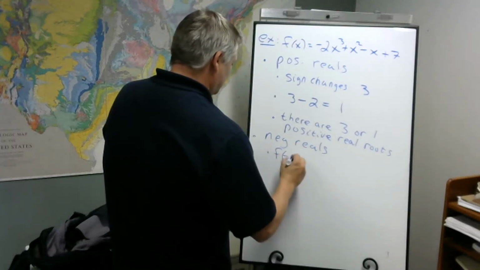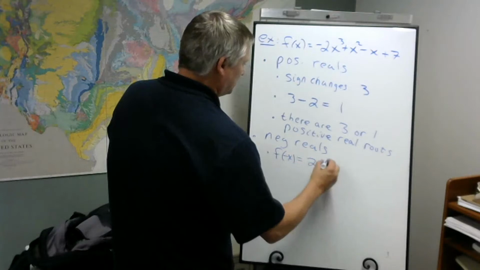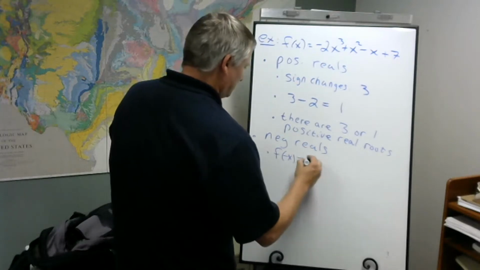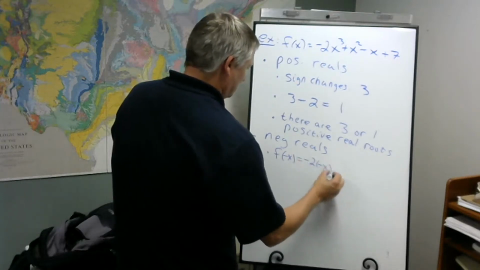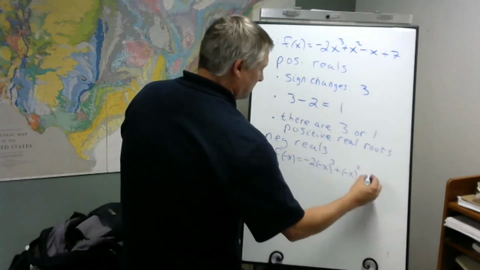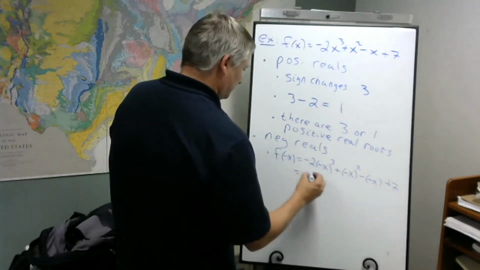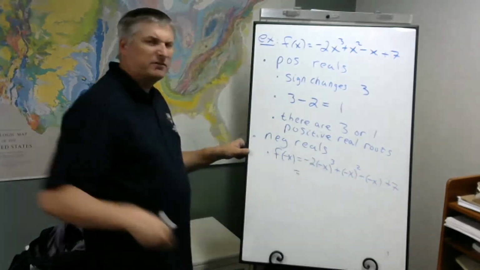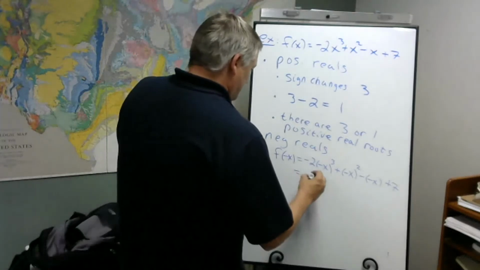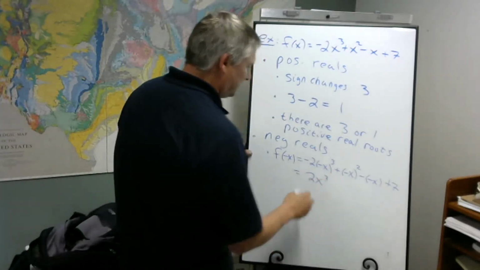F of negative x. This will come out to 2 times negative x cubed. Cubing a negative keeps it negative. So we'll get negative times negative, which is positive.